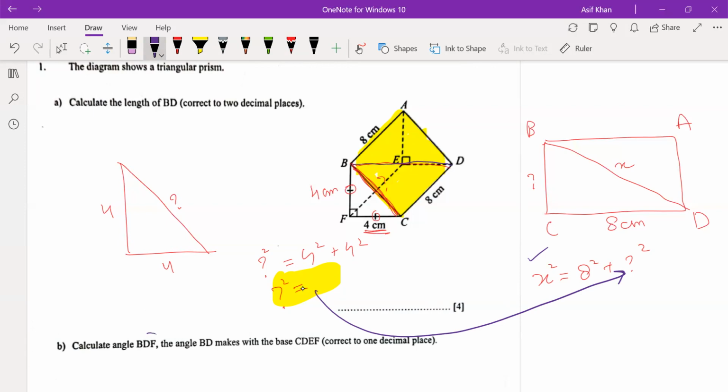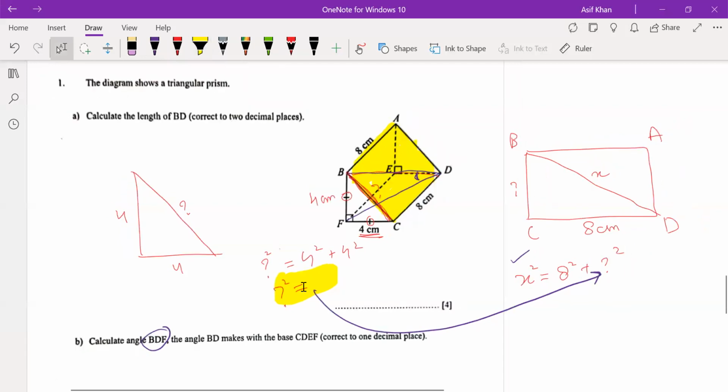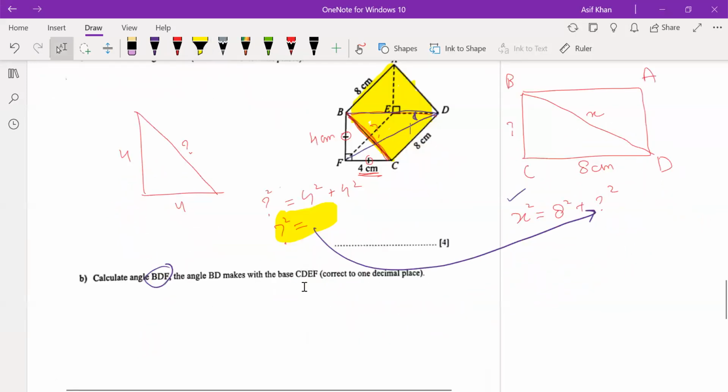Calculate the angle BDF. First of all, BDF, this angle. If I draw the line here, he is asking to find BDF. And in this question, every part is connected to the other one. When you calculate the first one, it will be helpful for the second one. In this BDF, also, we have to draw this triangle. Look carefully.